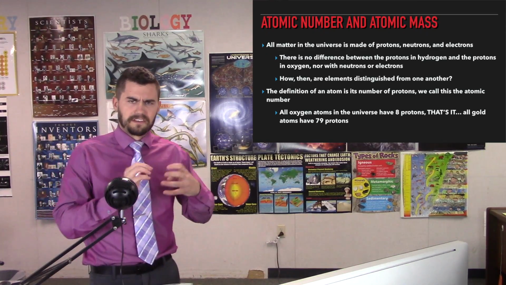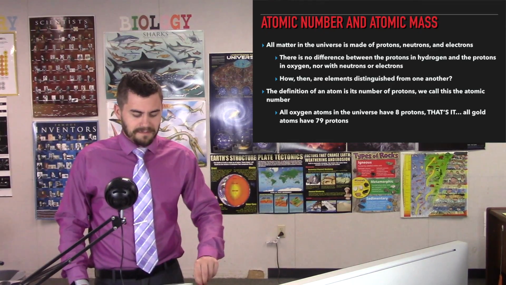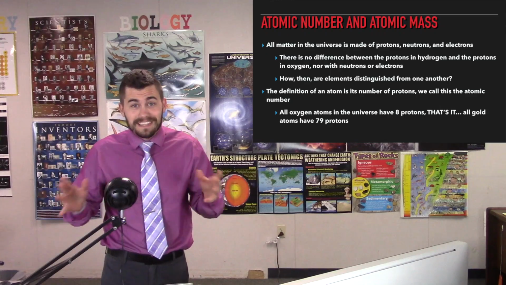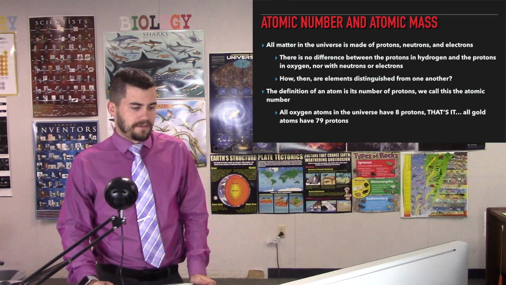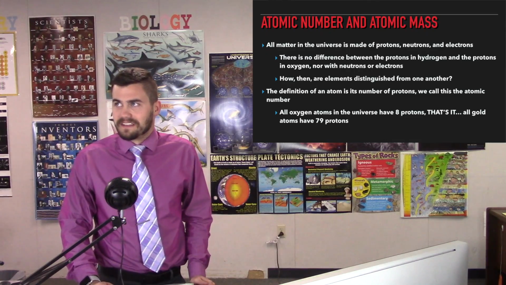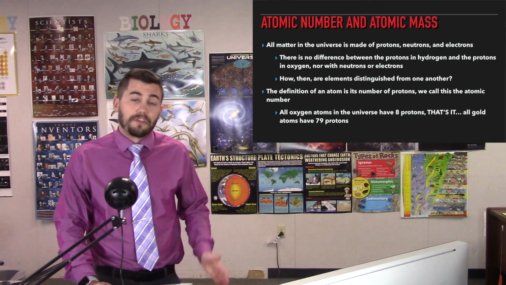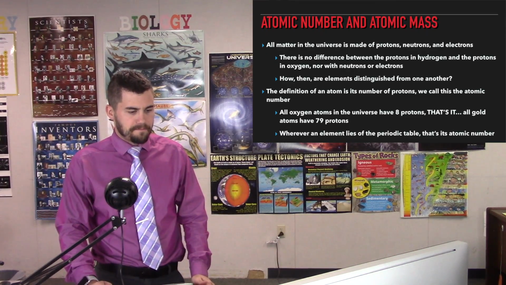So there's this thing called the strong nuclear force that holds the nuclei of atoms together. Again, we're not going to get into detail with that, but technically speaking, it's really just the atomic number that matters. There's only one element that doesn't have neutrons, and that's hydrogen. Although hydrogen can have neutrons. We'll get into that in a little bit.